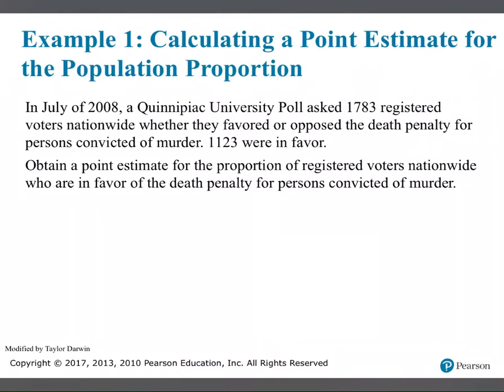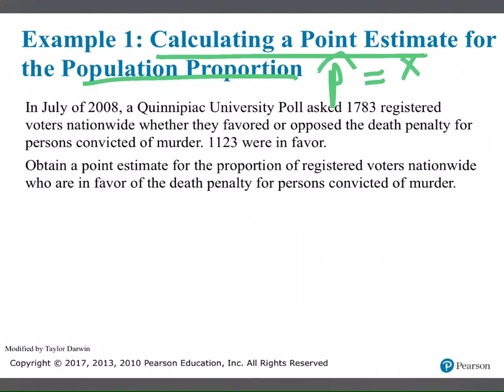Here's another example for calculating a point estimate for population proportion. When you see a point estimate for population proportion, you know that it's p hat, and we also know that p hat is x over n.